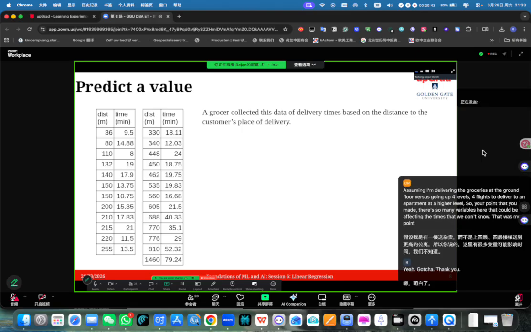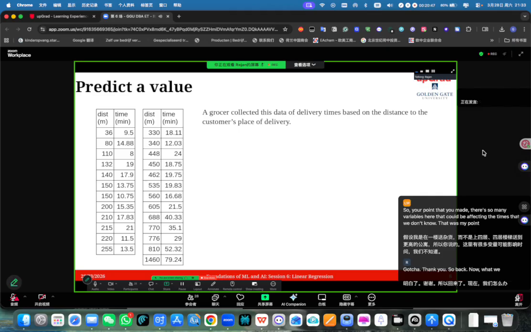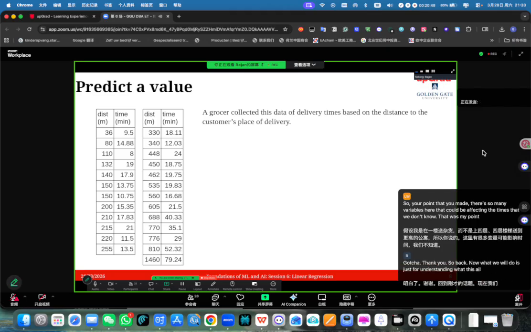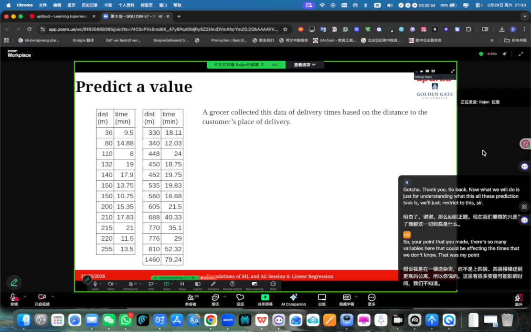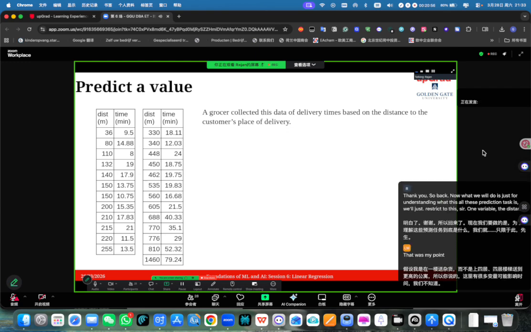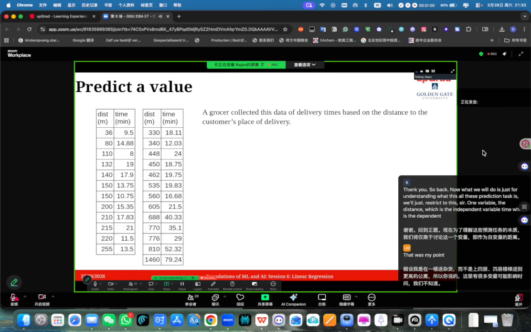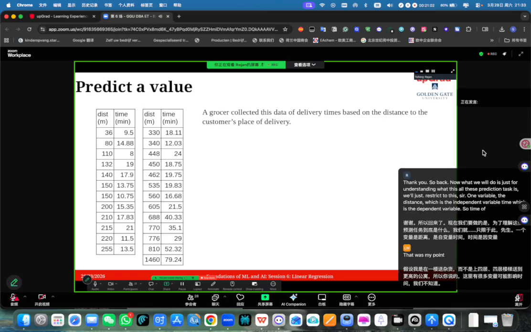Thank you. Now, just for understanding what this prediction task is, we'll restrict to this one variable, the distance, which is the independent variable, and time, which is the dependent variable. So time of delivery depends upon the distance of delivery.